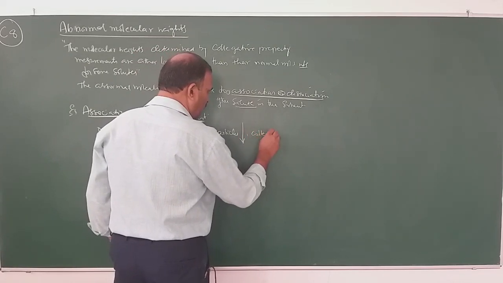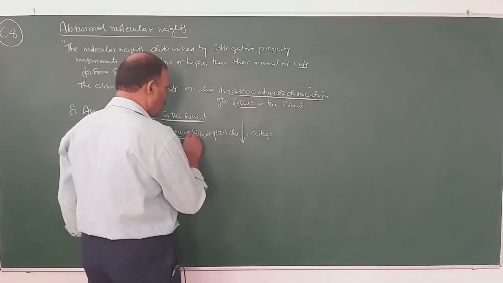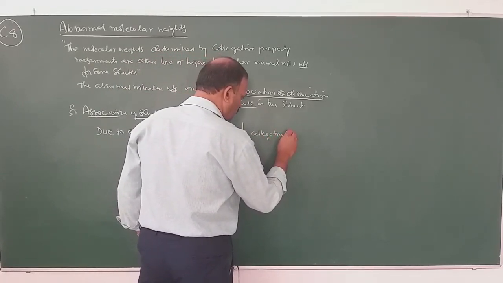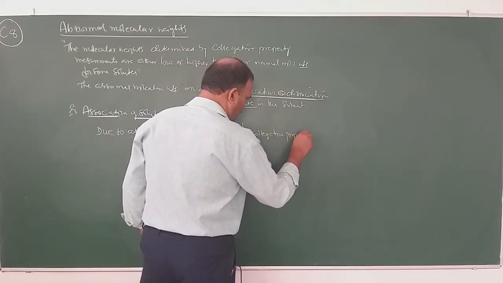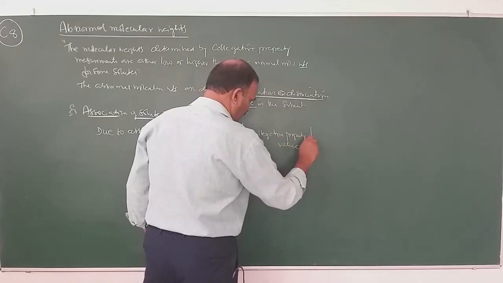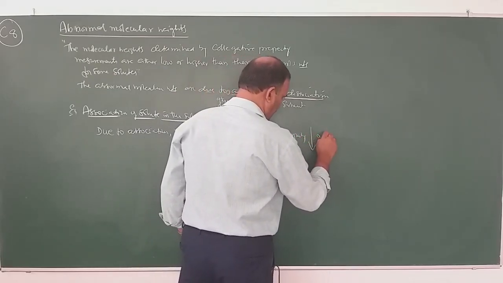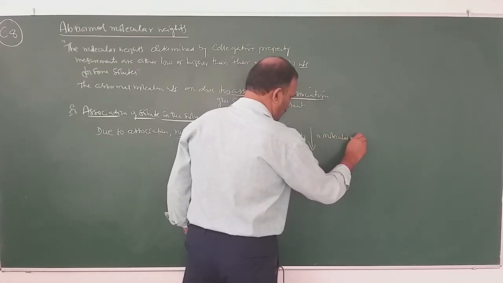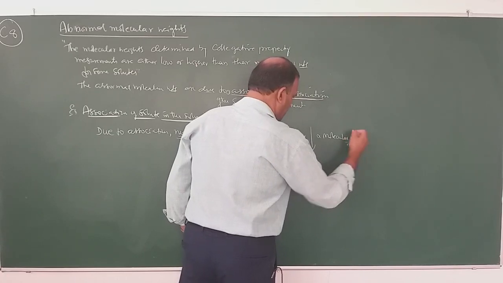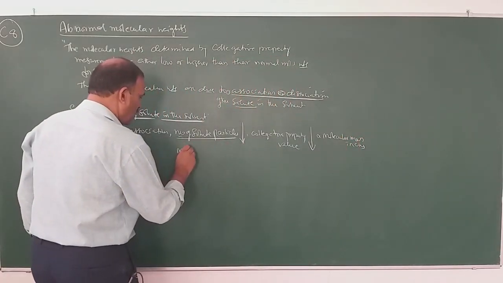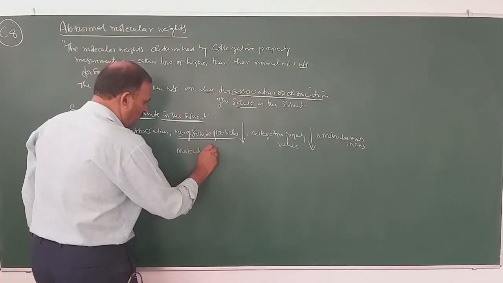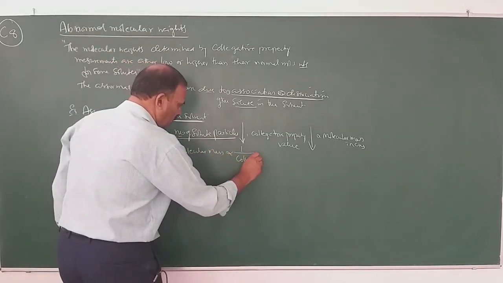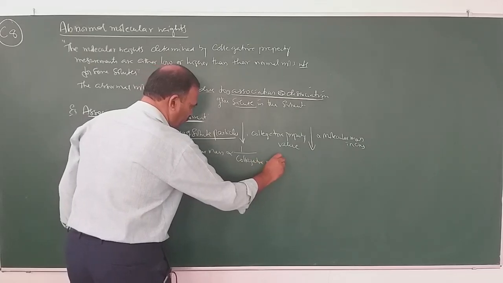When the number of solute particles decreases, the colligative property value decreases and molecular mass increases, because molecular mass is inversely proportional to colligative property.